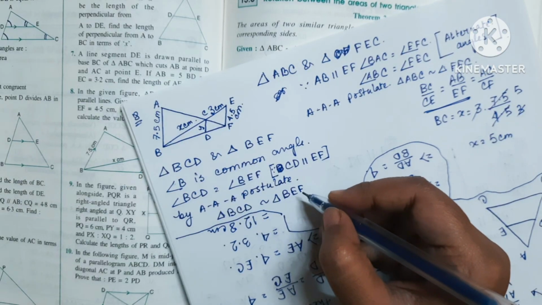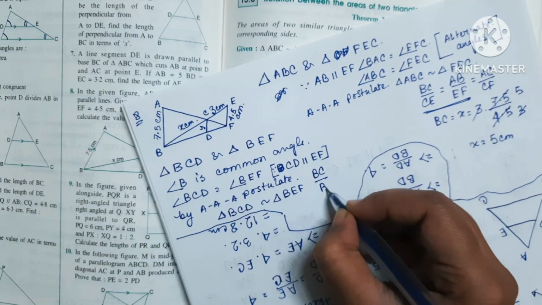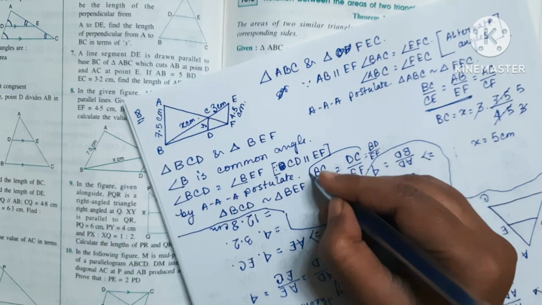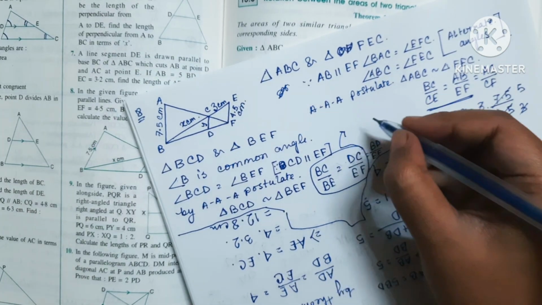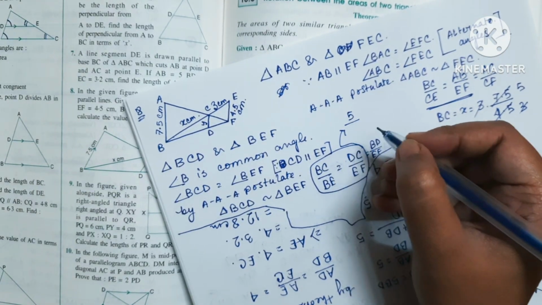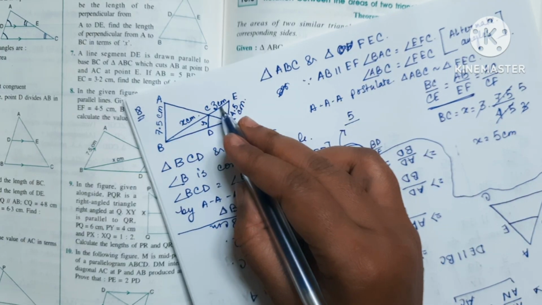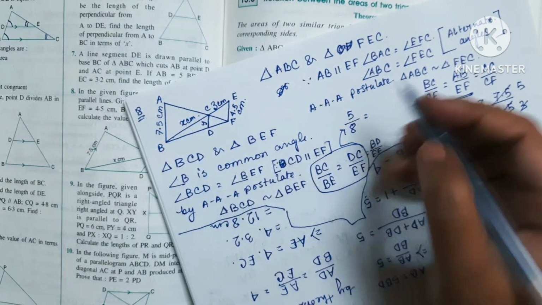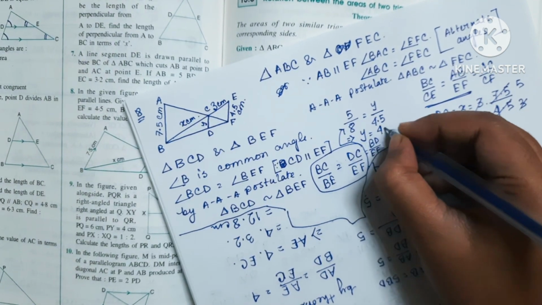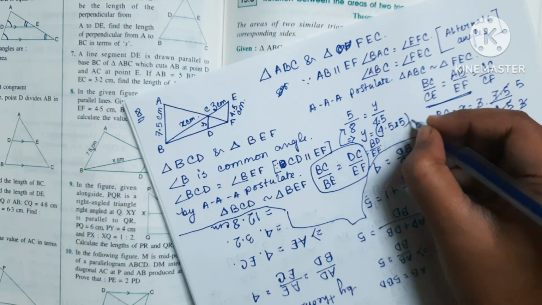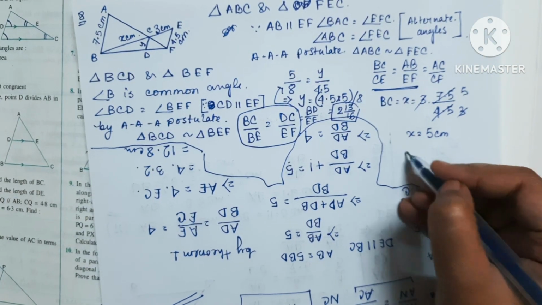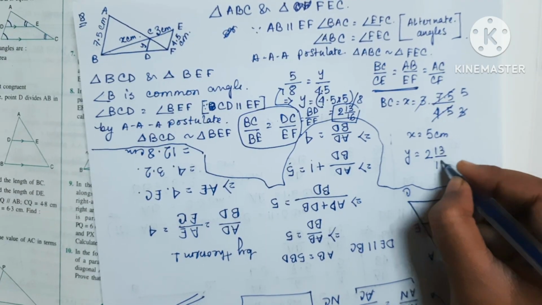So from here you can write BC by BE is equal to DC by EF. From these two parts, BC means 5 centimeter, which you have already found. So 5 by BE, that is 5 plus 3, so 8, is equal to DC, that means Y, by EF, that means 4.5. So Y equals 4.5 into 5 by 8. So it will become 2 and 13 by 16. X equals 5 centimeter and Y equals 2 and 13 by 16 centimeter.